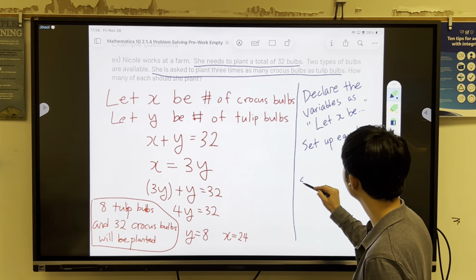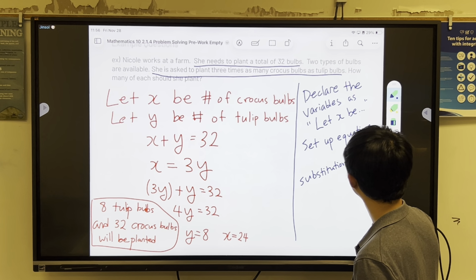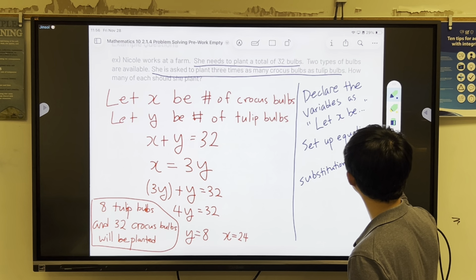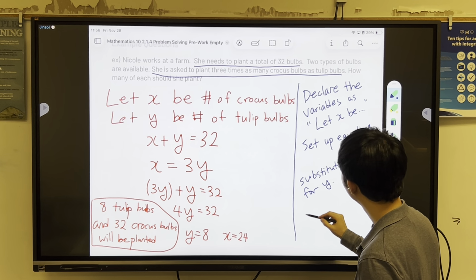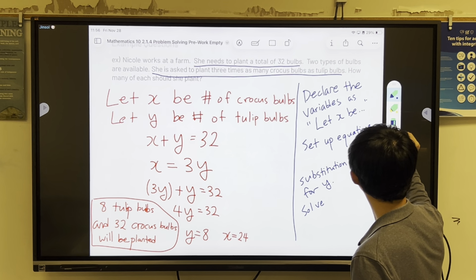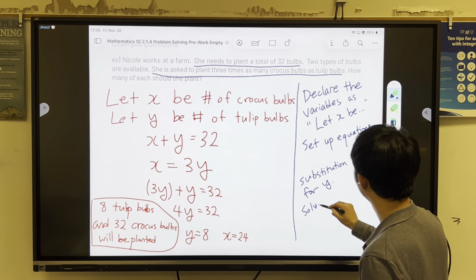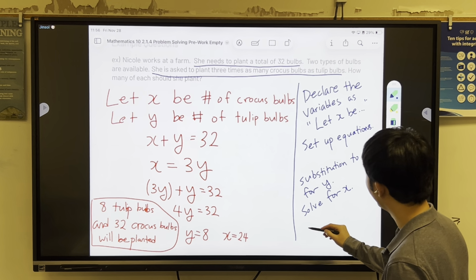Afterwards, I use substitution to solve for y, and I solve for x. And then afterwards, I answer the problem.